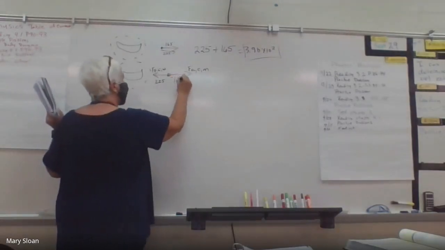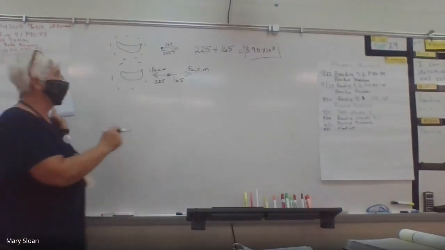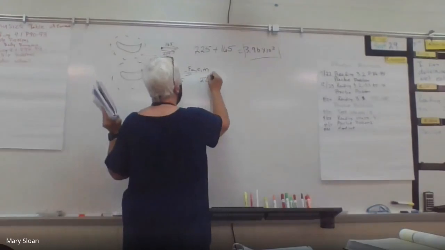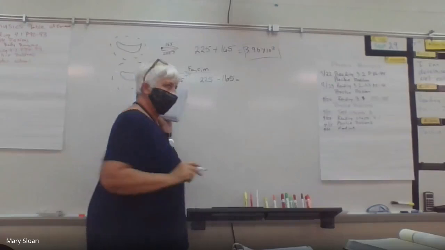So if I have that, what am I going to do now? 225 and 165. You're going to subtract them. Subtract them, okay? 225 subtract 165, and keep it in scientific notation.